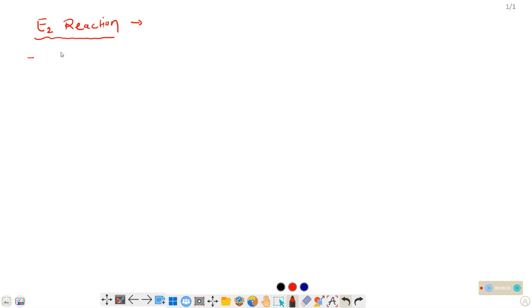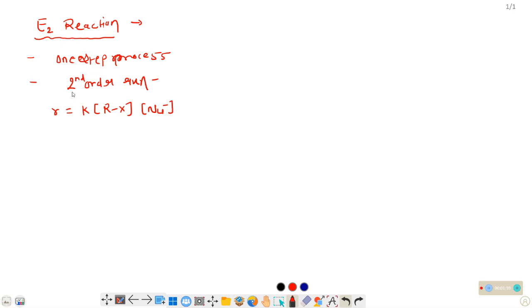Here it is a one-step process, and the rate of reaction is second order. Why? Because the rate of reaction only depends on the alkyl halide and the concentration of the nucleophile.